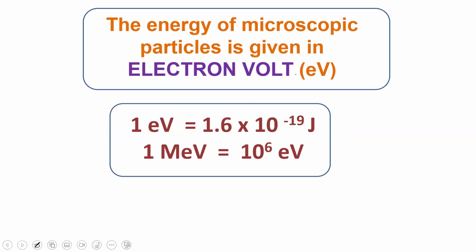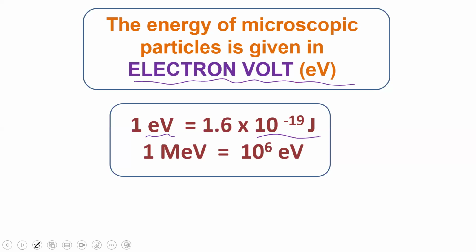What about the energy of microscopic particles? Energy is famous in joules, but for microscopic particles, what is the unit of energy? Electron volt, and the conversion is 1.6 times 10 to the power minus 19. So can you repeat the concept now? For microscopic particles, what unit of energy do we prefer?